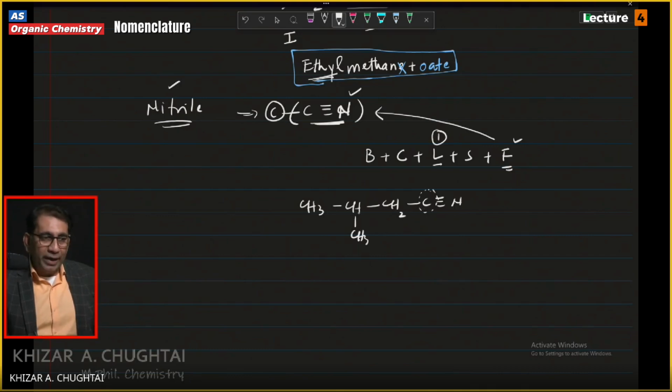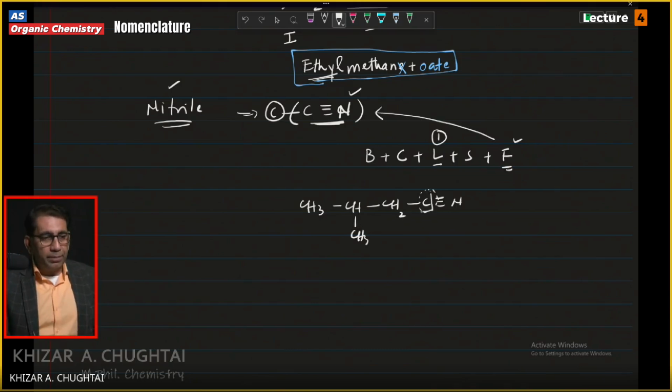If I'm moving straight away, then this group will not be part of the longest chain. But in both cases, the maximum number on a single route is equal to 4. 1, 2, 3, 4. 1, 2, 3, 4. So you can move only one way on a one way road.